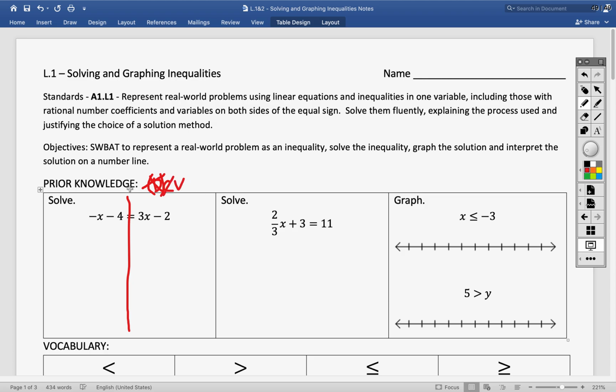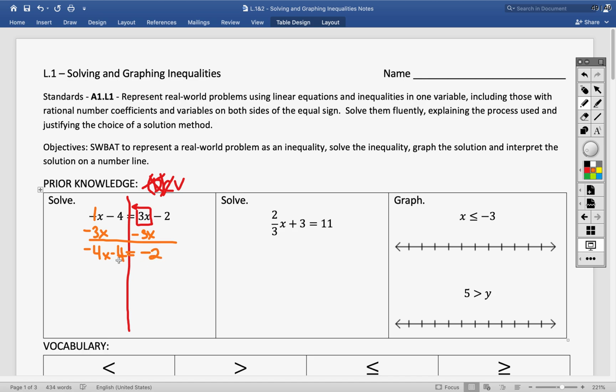Move our variables to the left. So to move our variable term to the left, we do the opposite operation, and the opposite of 3x is minus 3x. And whatever we do to one side, we do to the other. And I'm writing this underneath the x because it's an x term. Remember, there's an invisible 1 hanging out here. So this is going to be negative 4x minus 4 equals negative 2.